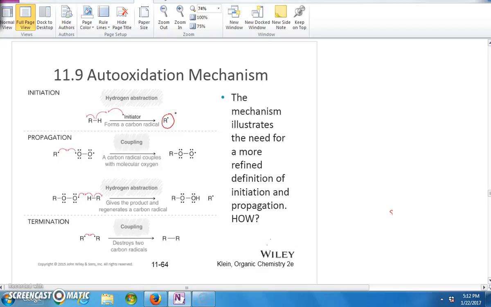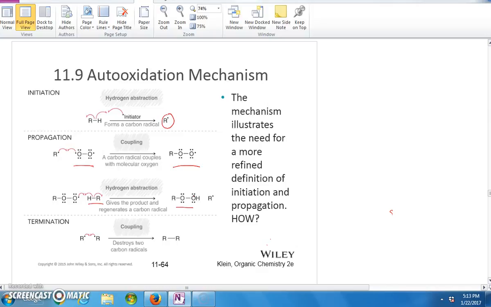Once the alkyl radical is produced, it reacts with molecular oxygen, which can exist as a diradical, to give this product, and then via a coupling, that product now reacts with the alkane to yield the hydroperoxide.